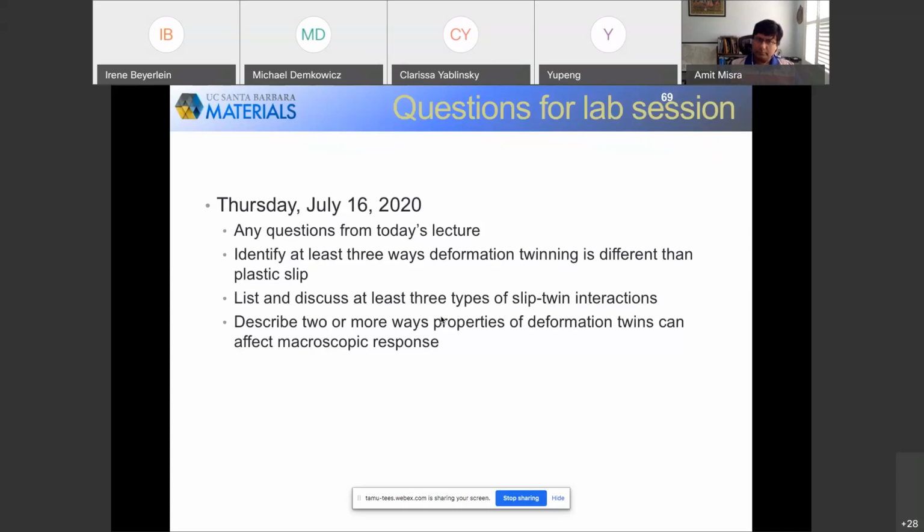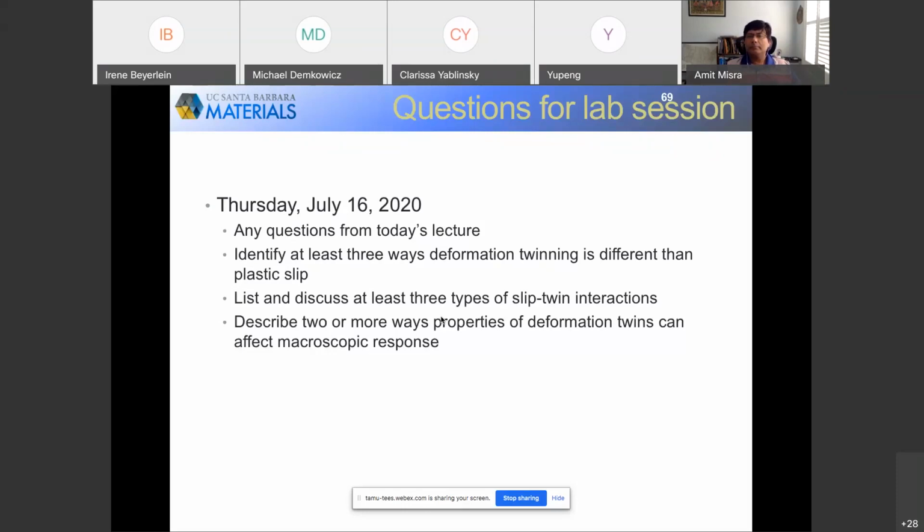We have another question. How does the sensitivity to temperature vary between twinning and slip, and why? What is generally expected is that slip is more sensitive to temperature than twinning.